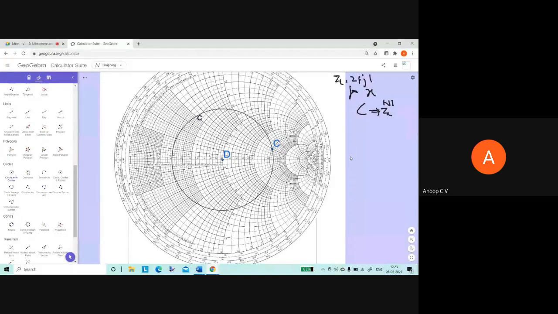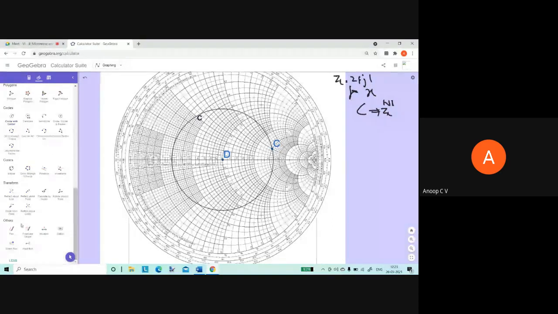The next step is finding YD. How to find YD? Can anyone tell me how to find YD? From the load point I have to travel in some direction so that I'll find some point.